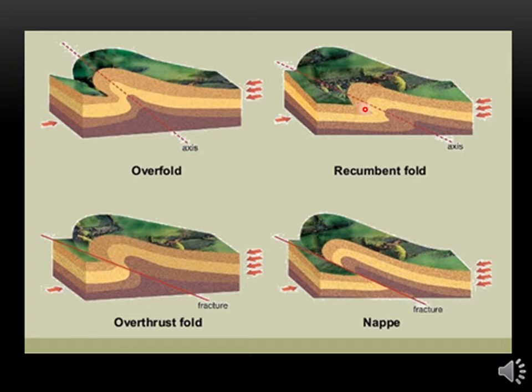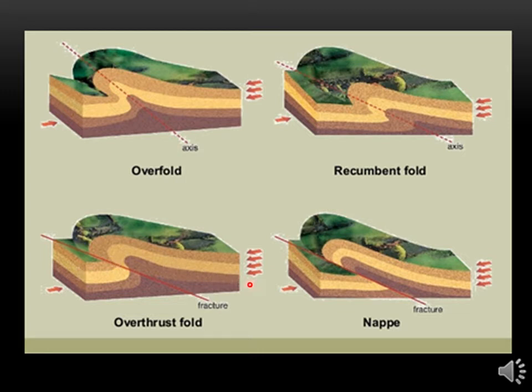Extreme stress and force can cause the recumbent fold to fracture along a plane of weakness and break. In this example, you can see that one limb will push over the other.